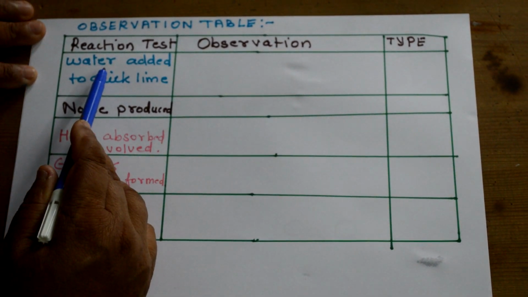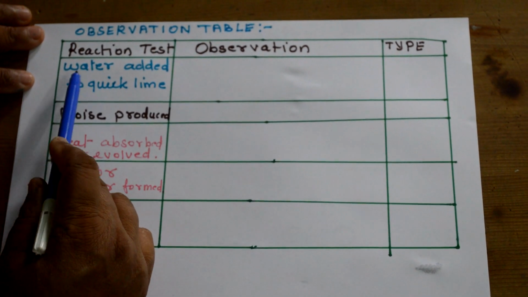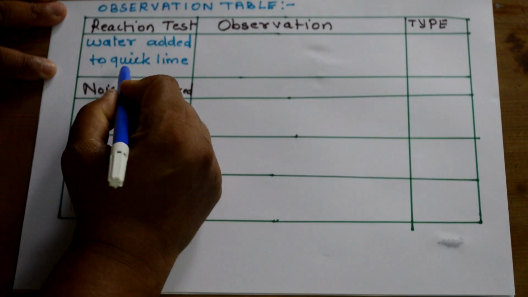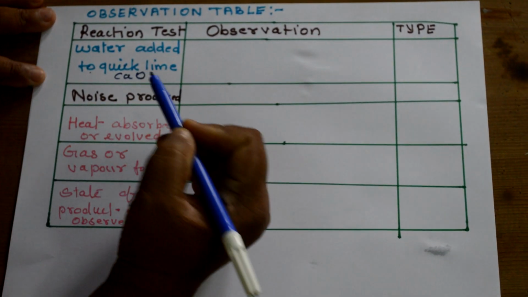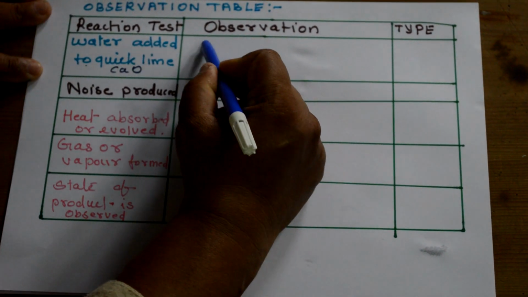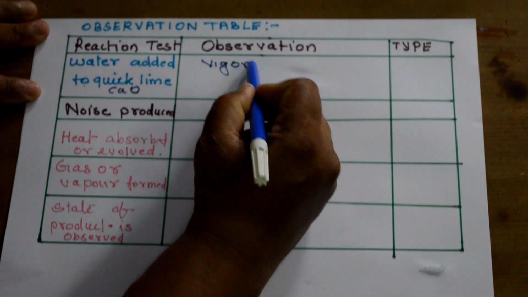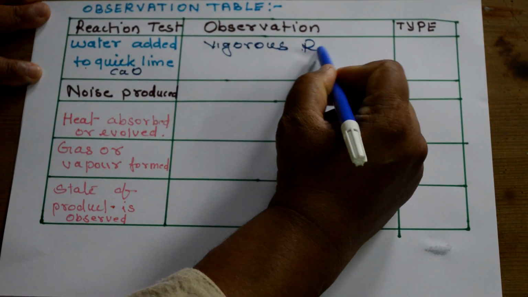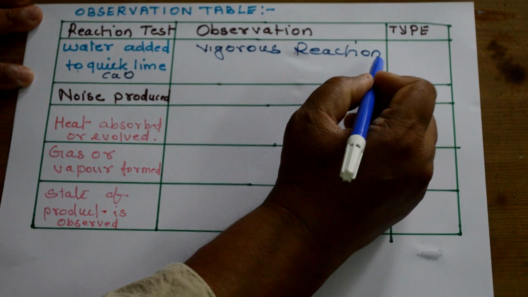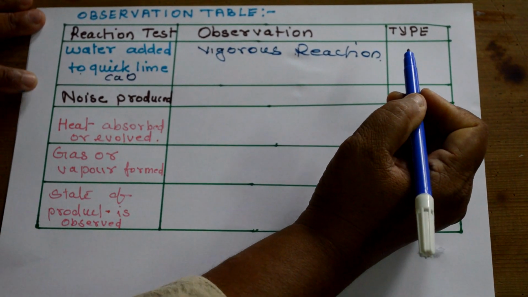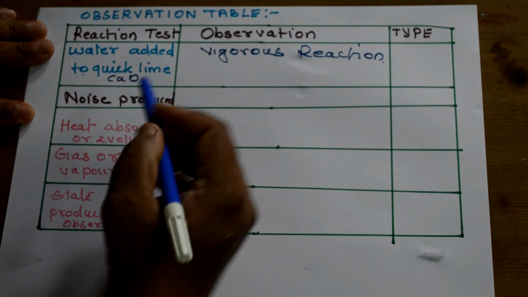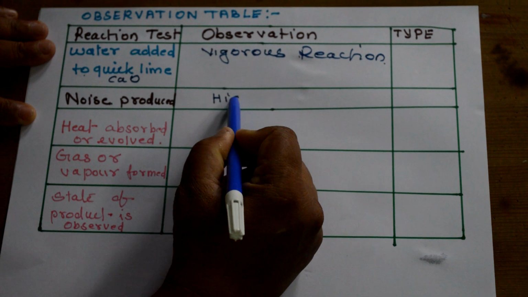The first reaction test is we added the water to the quicklime, and you know the formula of quicklime is CaO. When we added water to the quicklime, a vigorous reaction took place. The noise which was produced was a hissing sound.